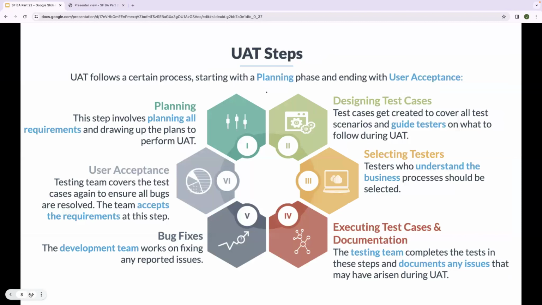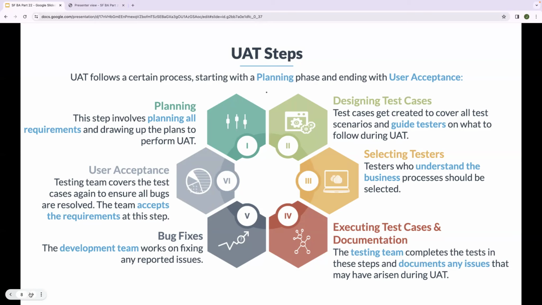UAT steps. UAT follows a certain process starting with the planning process and ending with the user acceptance. Planning: this step involves planning all requirements and drawing up the plans to perform UAT. User acceptance testing teams cover the test cases to ensure all bugs are resolved. The team accepts the requirement at this step. Bug fix: the development teams work on fixing any reported issues.